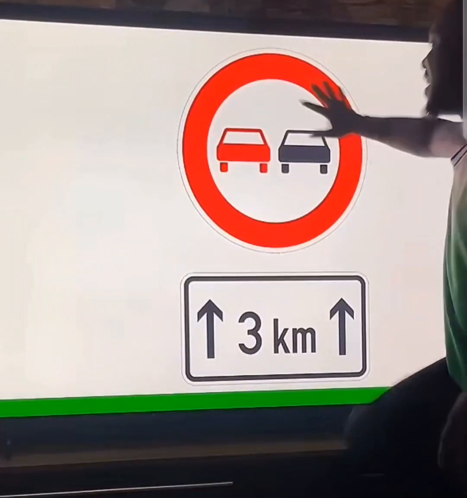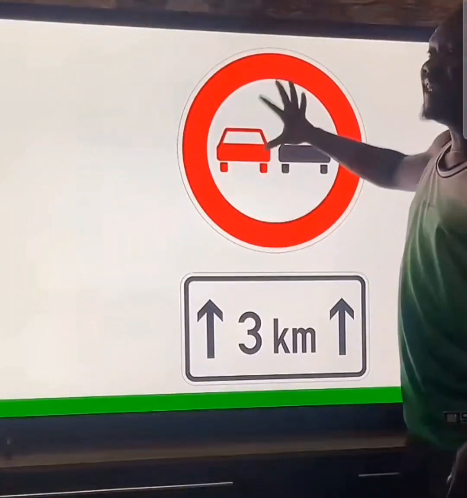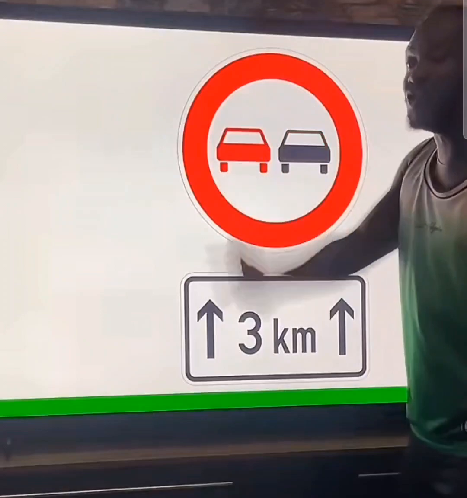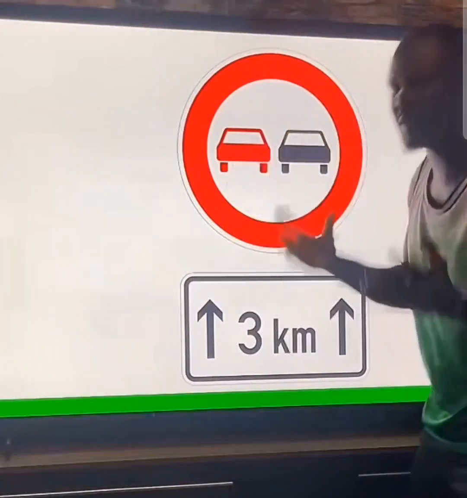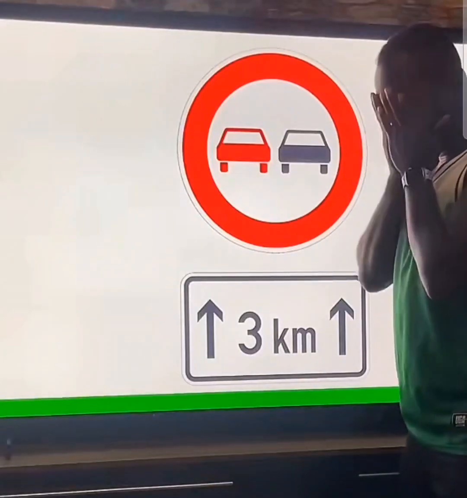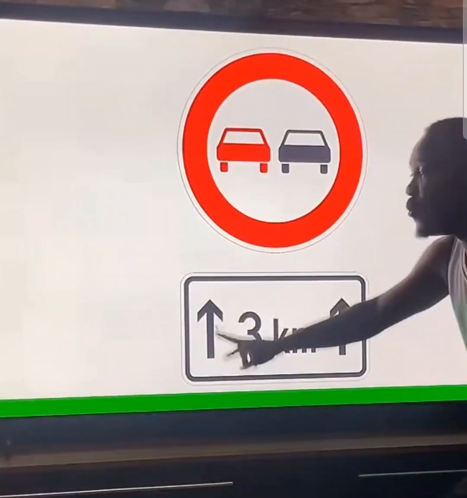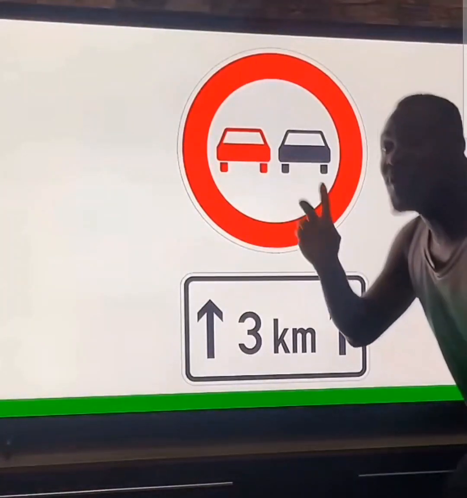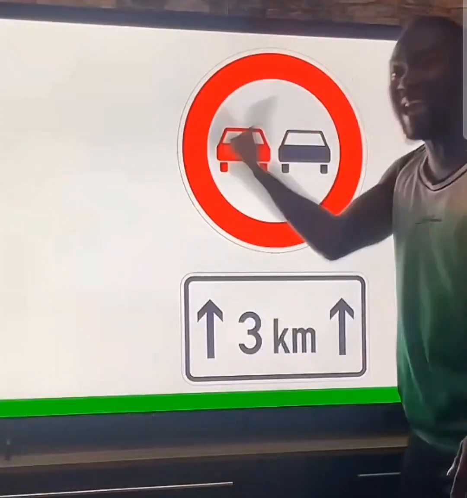You cannot overtake here. This is a sign to constantly remind you that you cannot overtake in this place. Now we can see an arrow. Before, the first sign we saw was 100 meters ahead.